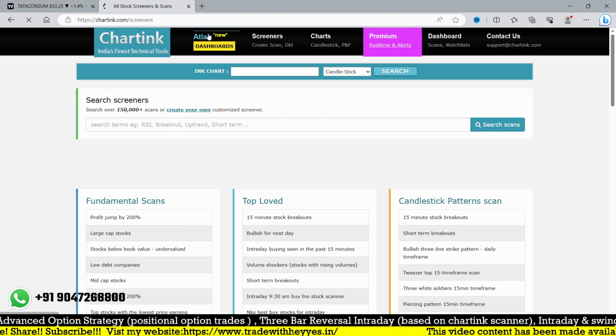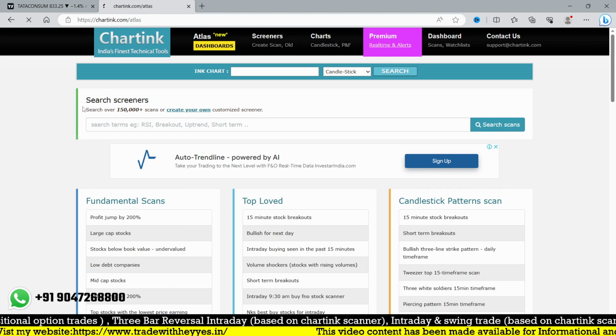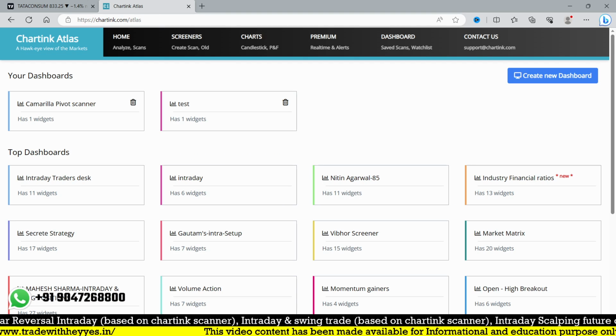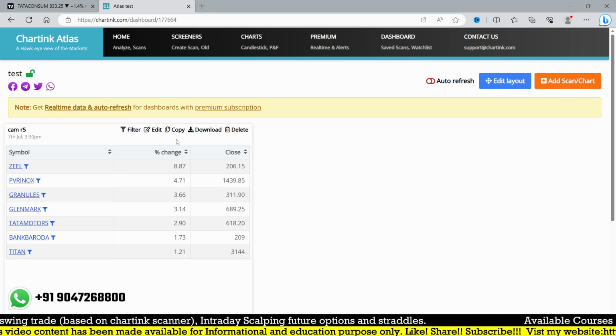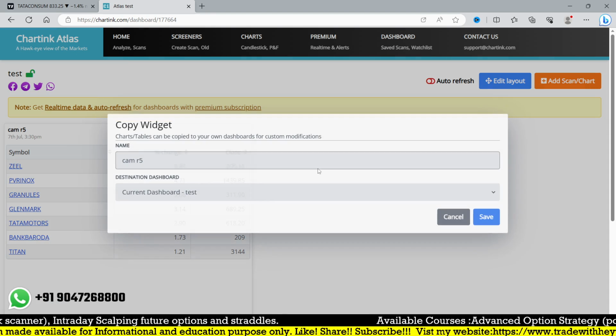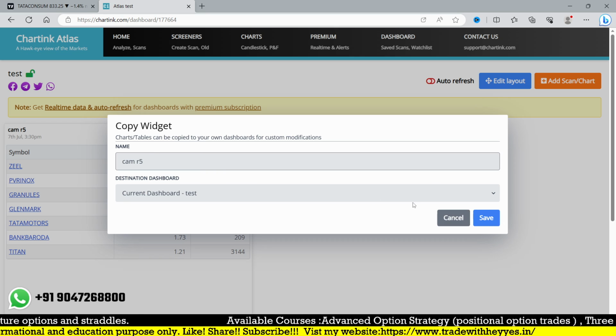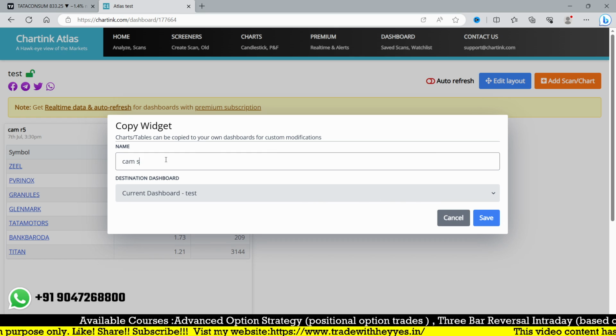And how can we go for a dashboard? Simply we can focus on top stocks. We have already created a dashboard. Using that dashboard we found R5 stocks, and I am simply going to make an S5 one.